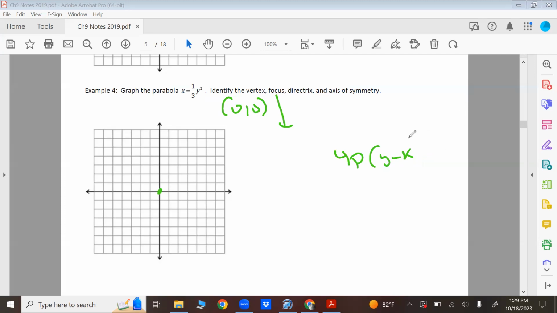Actually, let me take it back. That's our general formula, right? So what's your H and K here? 0, 0.